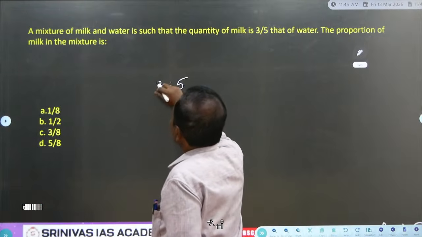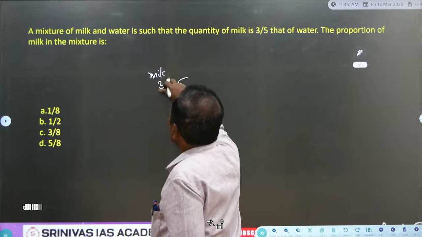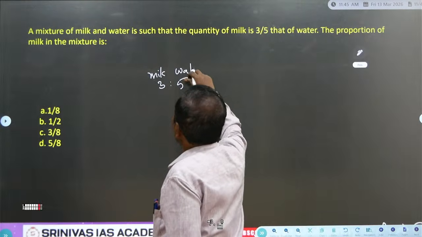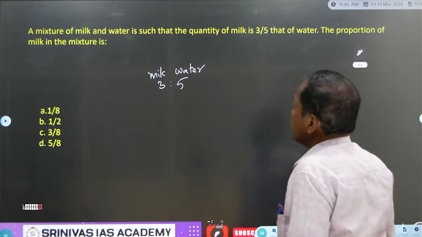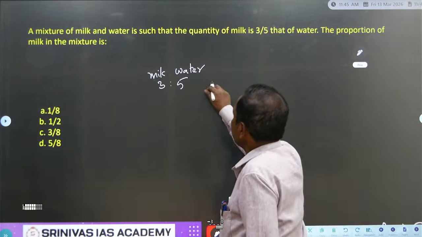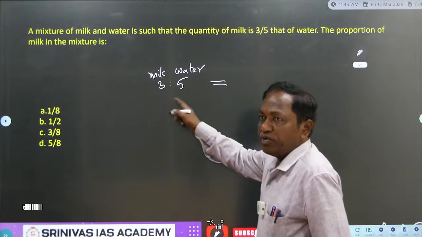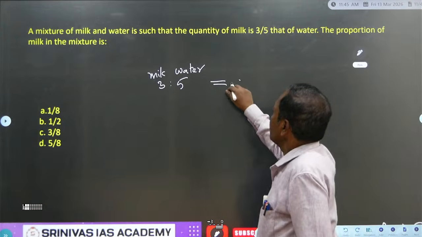3:5. This is a mixture of milk and water. Milk is to water. If you take the mixture, how many ratios in total? 3 ratios plus 5 ratios, 8 ratios.